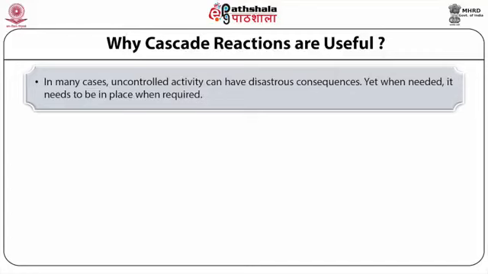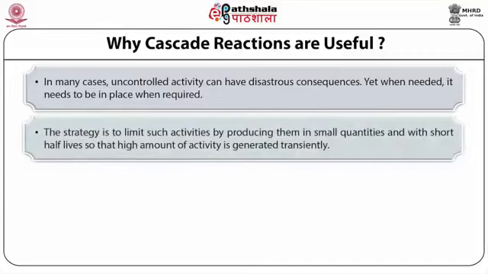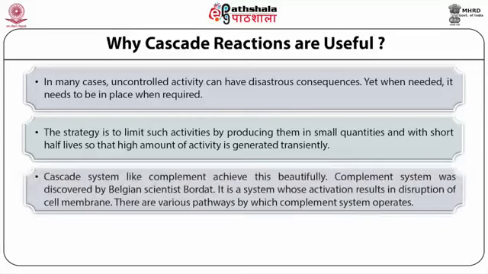The strategy is to limit such activities by producing them in small quantities and with short half-lives so that a high amount of activity is generated transiently. Cascade systems like complement achieve this beautifully.